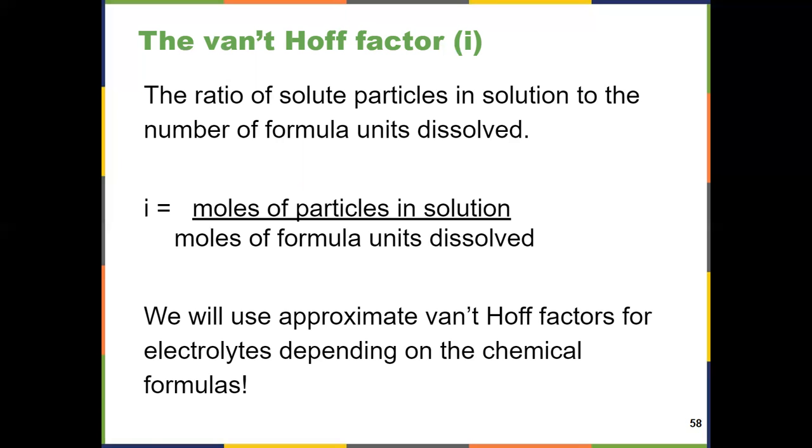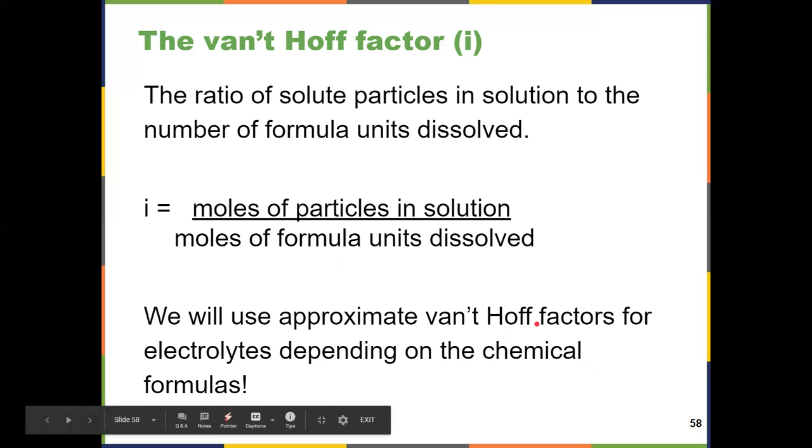Calcium chloride, CaCl2, would be approximately 3: Ca2 plus and 2 Cl minus when it dissociates. Sodium phosphate would have a Van Hoff factor of 4, because you get 3 Na plus and the phosphate PO4 3 minus. On your homework, you'll be given the exact value of the Van Hoff factor.